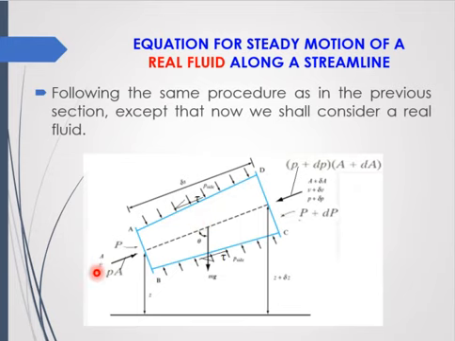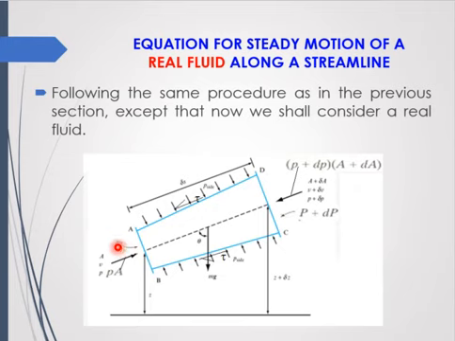This is the same figure where PA is the force acting in this direction, and P plus dP and A plus dA is the force acting in this direction. We have already discussed the factors: area, velocity and pressure, A plus delta A, then V plus delta V and P plus delta P in this direction.